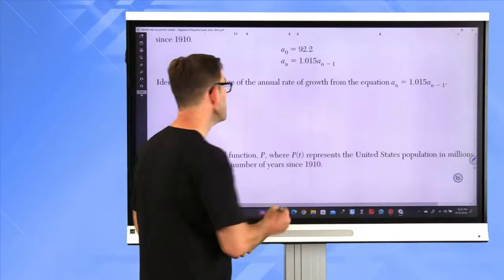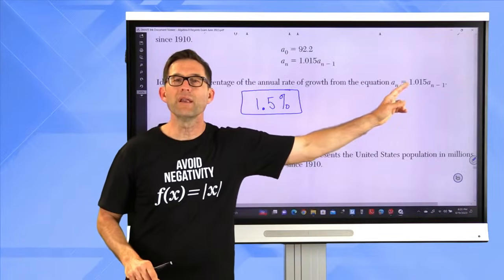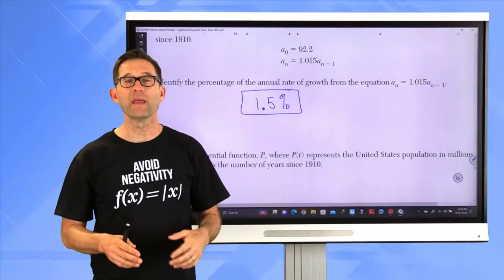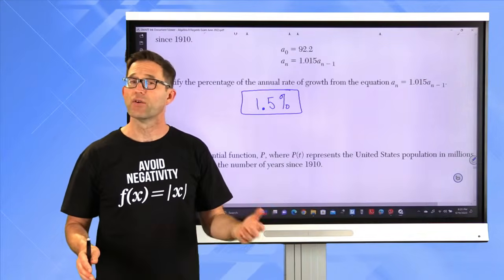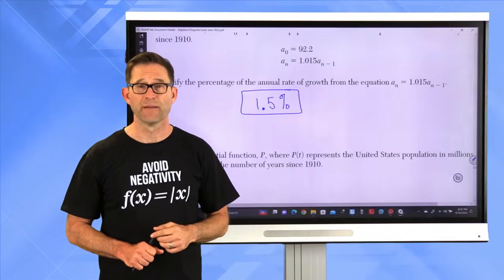That's it, and they don't ask you to explain it. They don't ask you to talk about it. 1.5%. It's always 1 plus the rate, and if the rate is 0.015 and you're not sure, multiply by 100 and you're going to get your 1.5%.